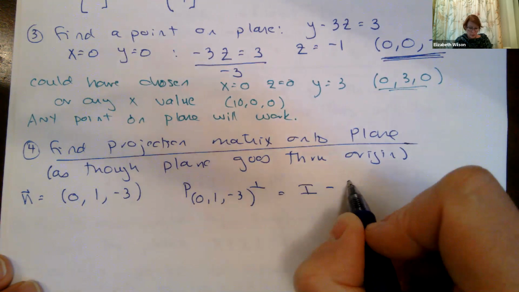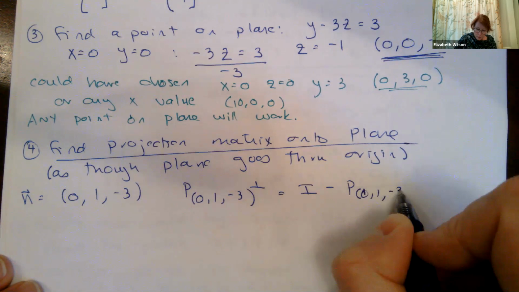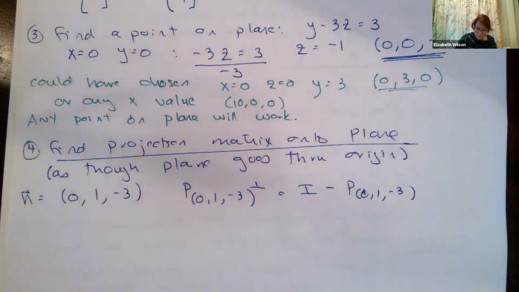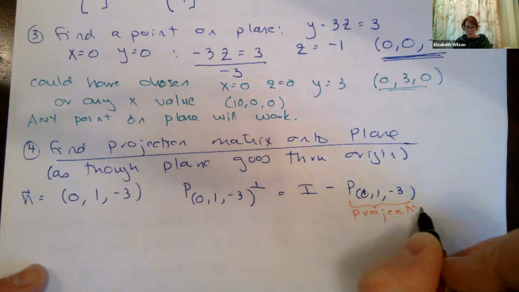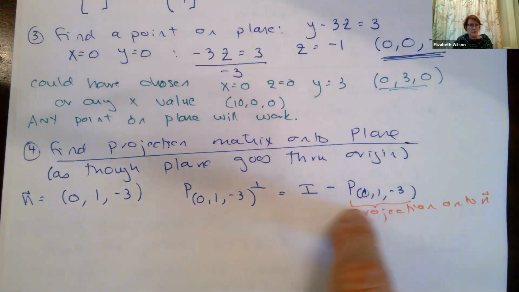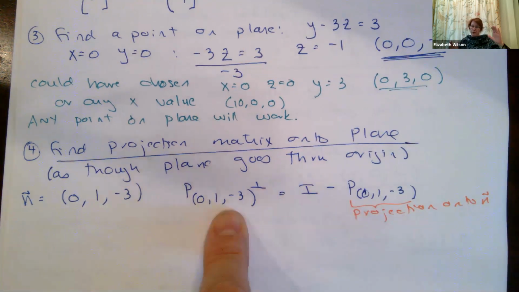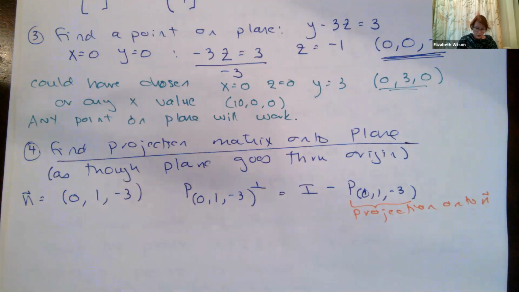This thing here is the projection onto our normal. We did that before, but we have to start with that and then subtract it from our identity matrix, and that'll give us the projection onto the plane. We're projecting onto the normal, and I need to find the orthogonal to the normal, and that's going to give me stuff on the plane. Okay, so let's do this part first.